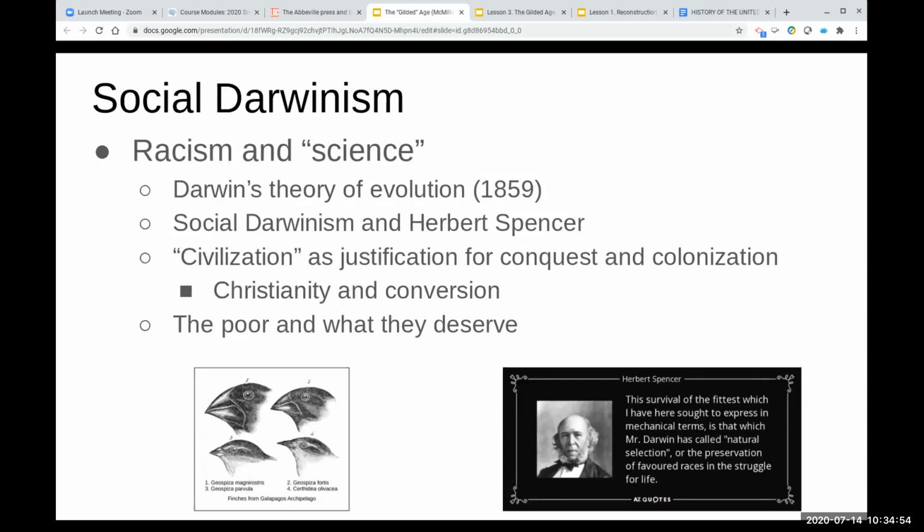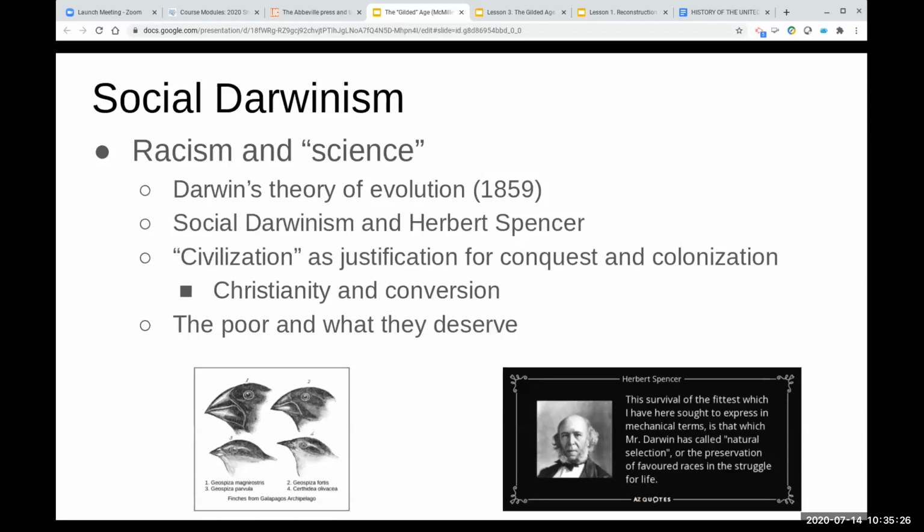So if you are poor in a particular city and you are not able to make yourself wealthy through your own moxie, well, that is just, as Herbert Spencer would say, survival of the fittest. And these social Darwinian ideas today still form, unfortunately and tragically, a major part of the way that many people think.